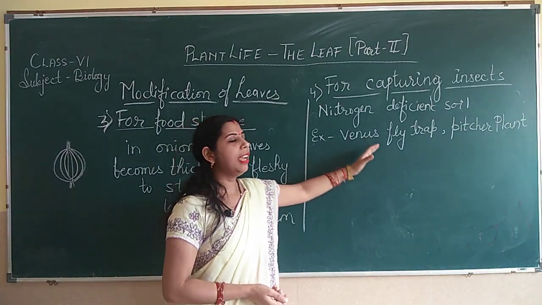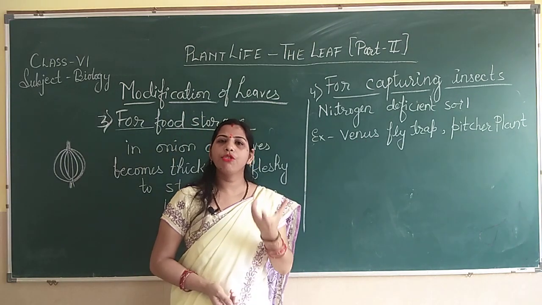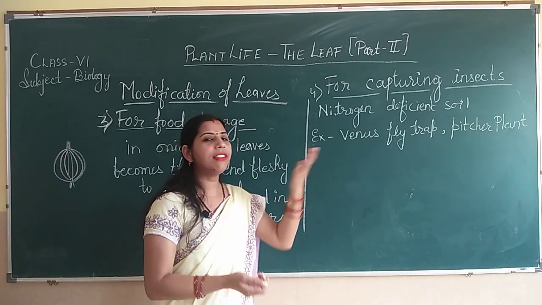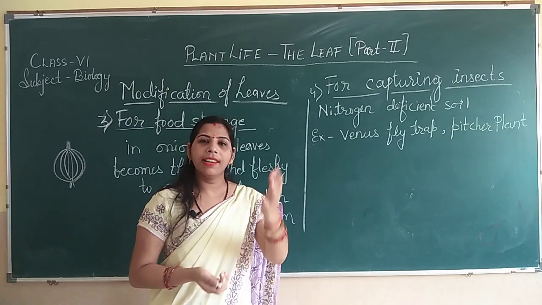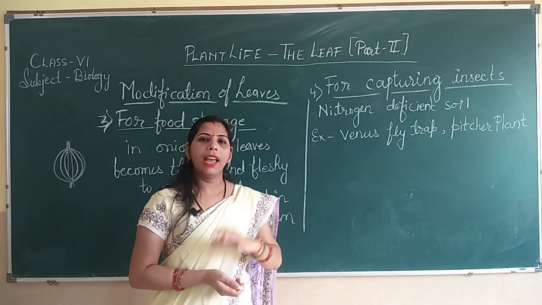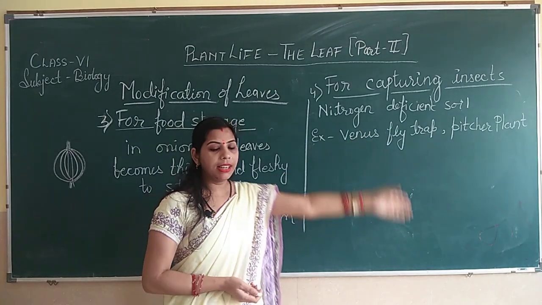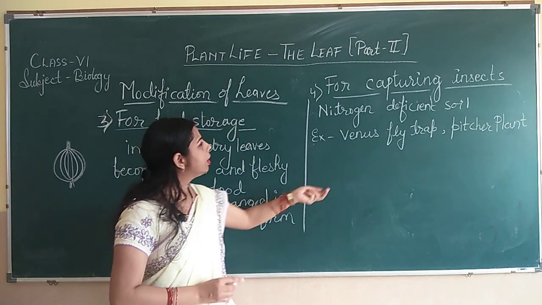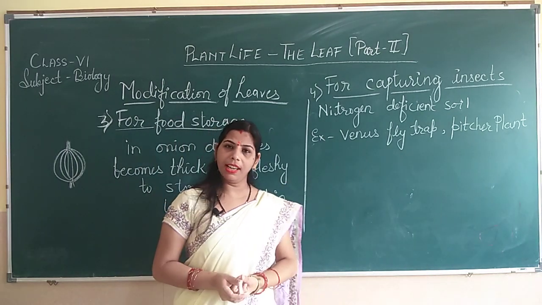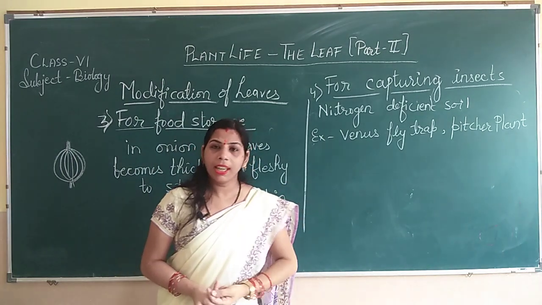That means digestive juices are already present in their body. When they trap the insect inside the body, they digest it and take the nitrogen which is required by these plants. So how these modifications are there, this is also very important.